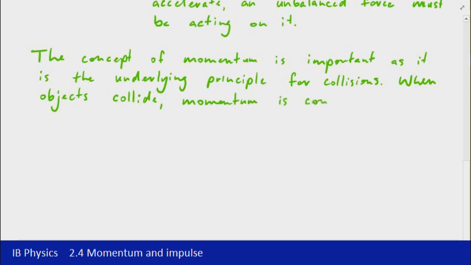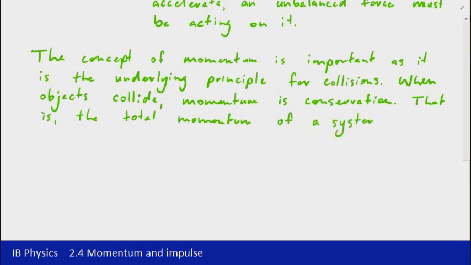This is now a law of conservation of momentum, and what that means is that, if we write it another way, the total momentum of a system, so let's say we're dealing with two masses that are colliding, the total momentum of the system before a collision is the same as after, or is equal to the total momentum after.